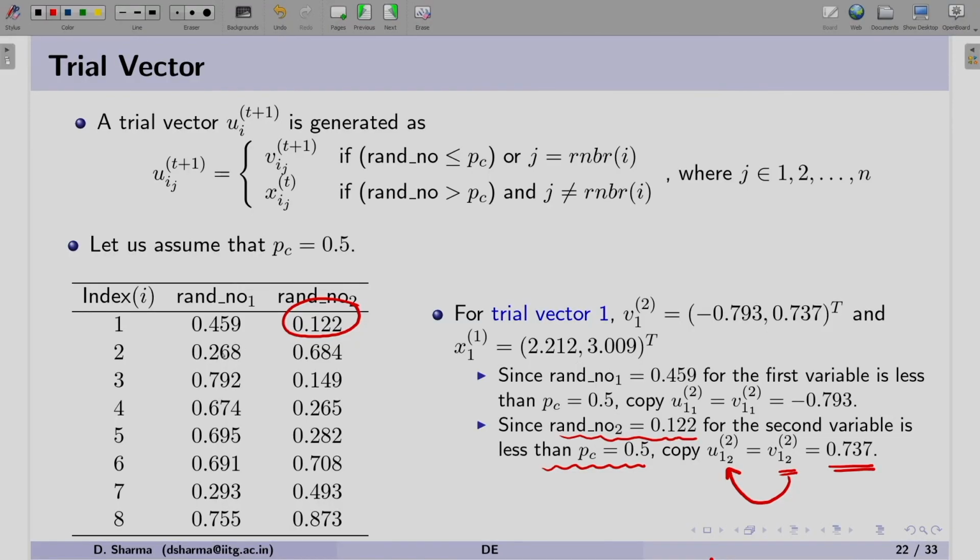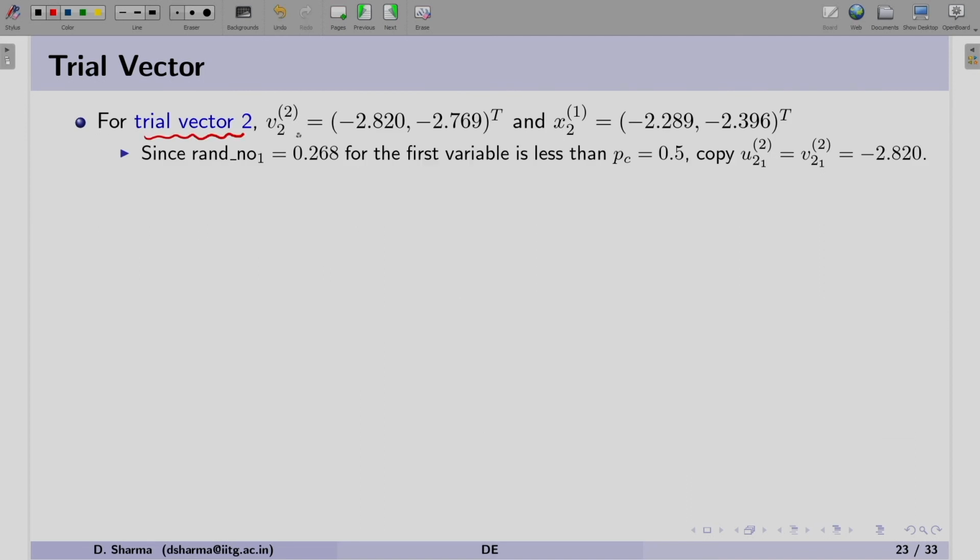Let us perform the same calculation for trial vector 2. As you can see in the table, the random numbers are given here, and we are going to use them. For trial vector 2, we have the mutant vector V2 and the target vector X2. The first random number, for the first variable, is 0.268, which is less than PC, meaning that the first variable from the mutant vector will be copied to the trial vector.